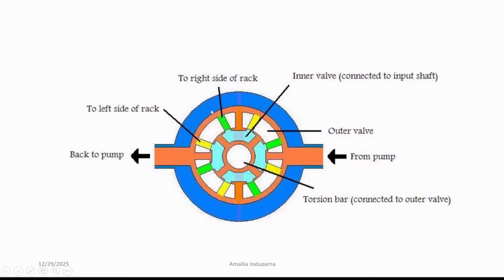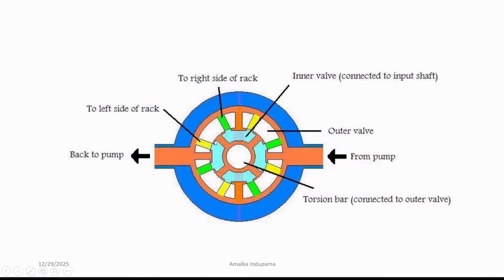Here, these are the actuation paths. These yellow color passages belong to the left side, and green color passages belong to the right side. So it will balance the pressure in the left and right sides. If we are giving effort to the right side, then these left side chambers will be pressurized, right?